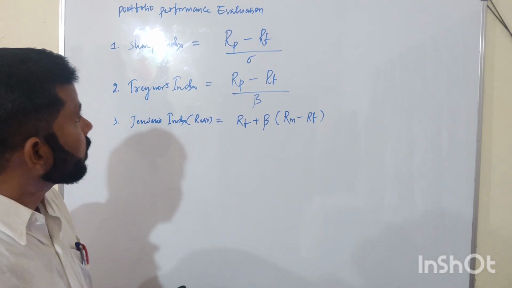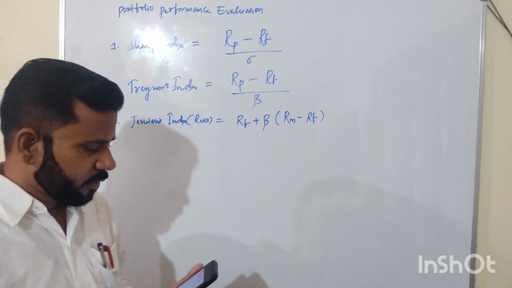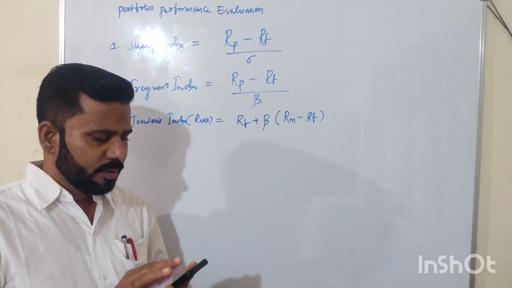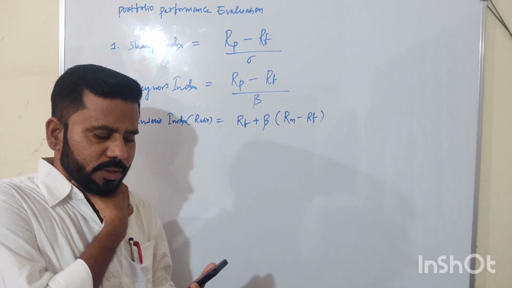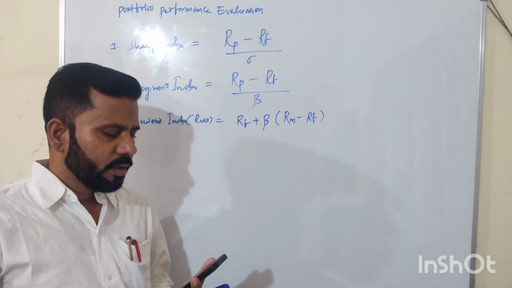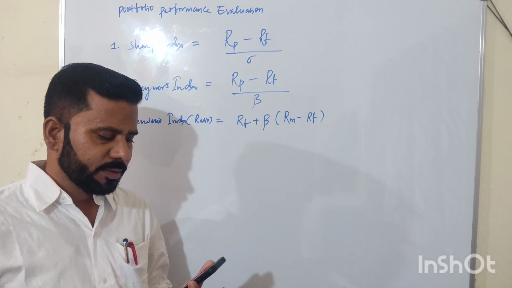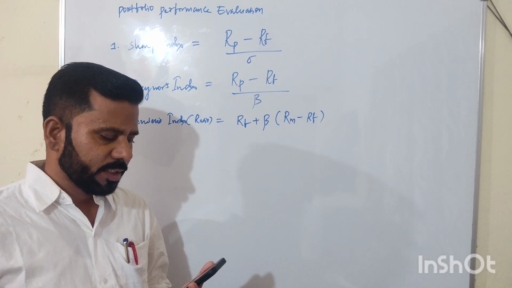Okay. The first problem, let me analyze this. A and B are two portfolios. A has a sample mean of success 12%. B has a sample mean of success 16%.